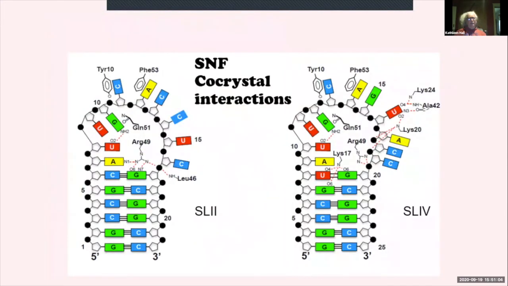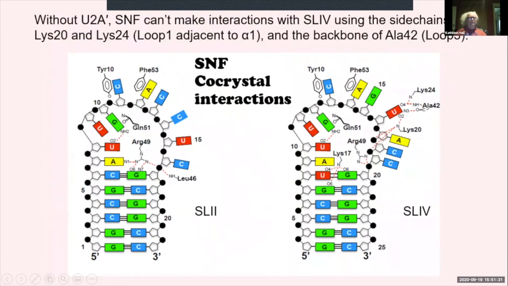And if we look at the interactions that we see in the co-crystal, which we can't see by NMR, if we look at stem loop 2, we see interactions. Here's the stacking interactions of the phenylalanines with the bases in both of the different RNAs. What we see in this side of stem loop 4 is there are now a lot of interactions coming from the side chains of lysines, and then this alanine.